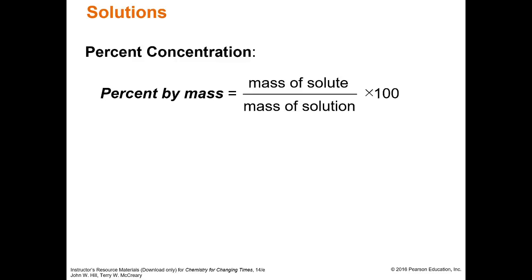Whereas volume is usually more difficult to measure, at least on large scales. For example, you might have a percent mass for nuts in a mix. If you had 10% mass macadamia nuts, that means you have 10 grams of macadamia nuts for every 100 grams of your mixture.